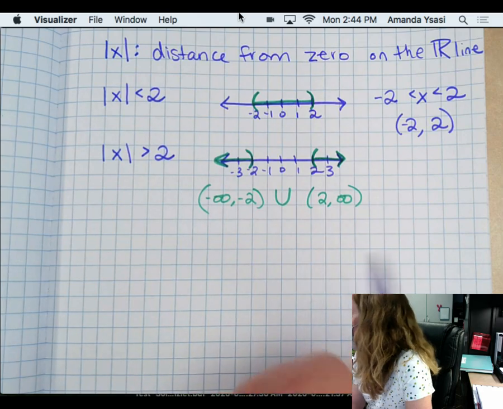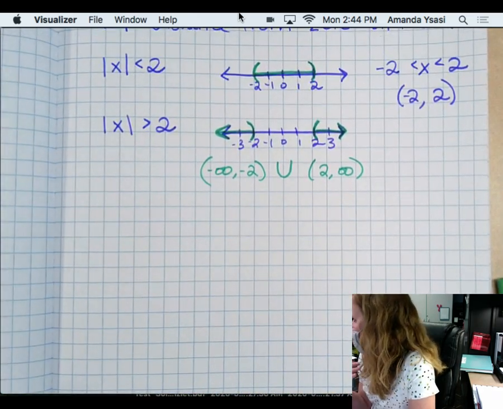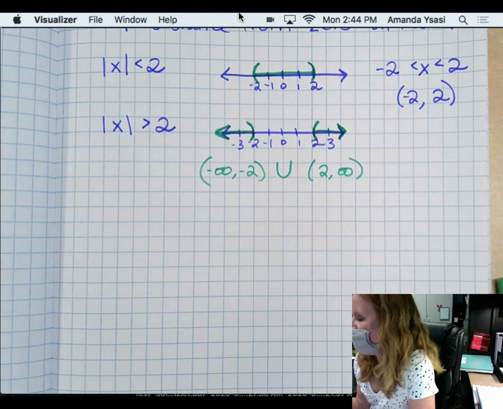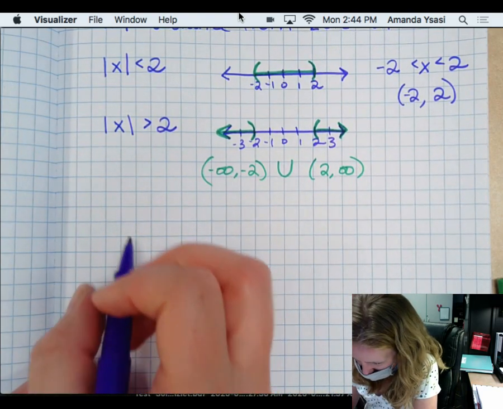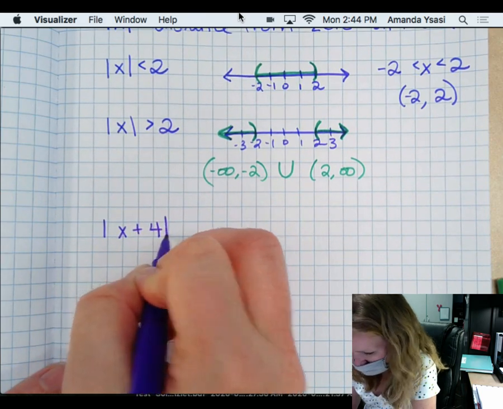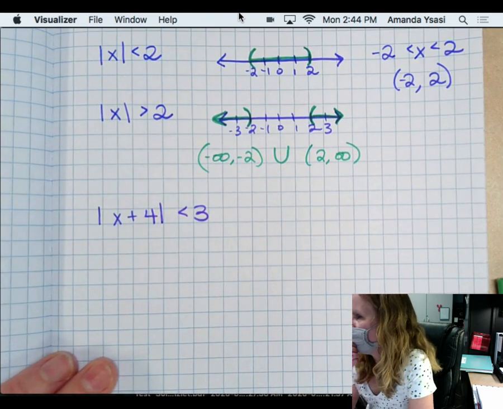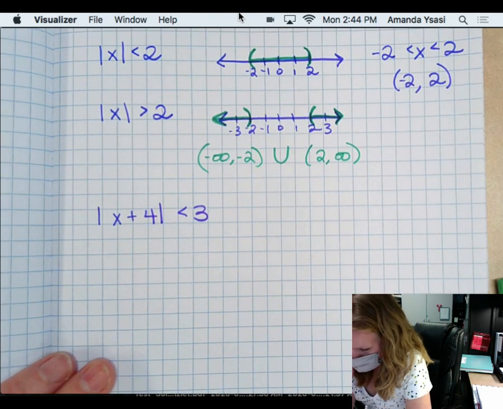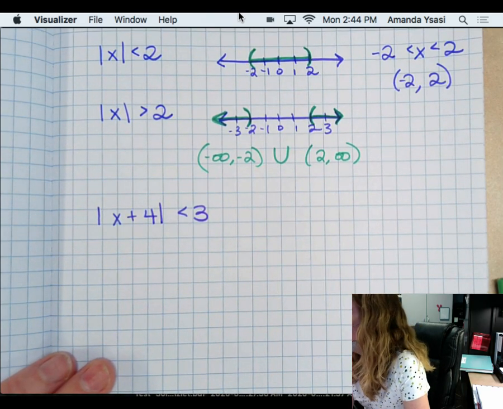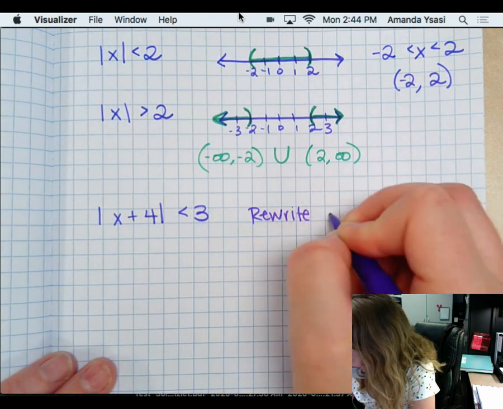So we can solve inequalities this way with the absolute value: change the absolute value inequality into a compound inequality. So let's say we have the absolute value of x plus 4 is less than 3. Then we would rewrite as a compound inequality.